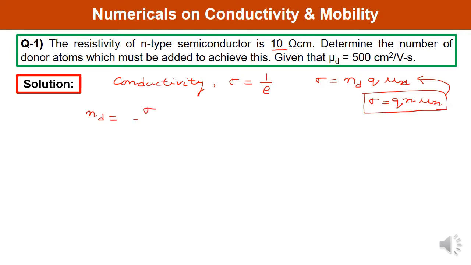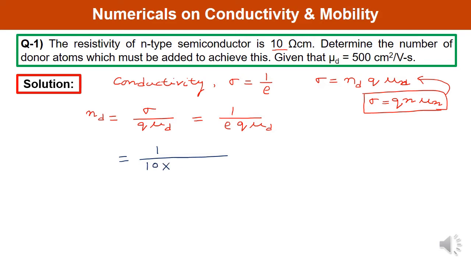So what would be this equation? This would be N of D equals sigma upon Q into mu D. But since resistivity is being given, you can manipulate this term as 1 upon rho Q into mu D. Now all the values have been given to you. Resistivity is 10.